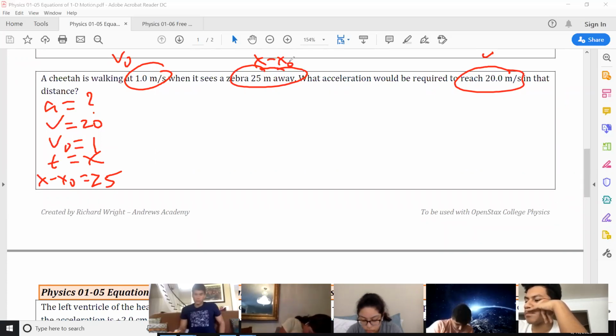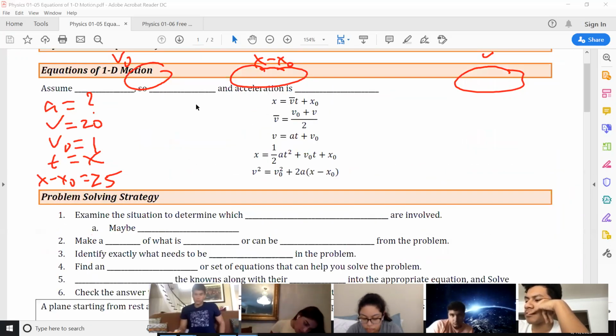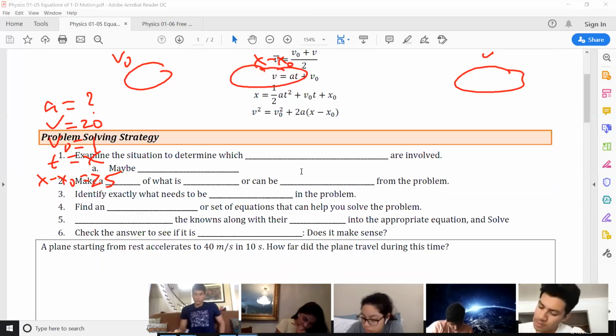Now, let's figure out which formula to use. So we want the one that doesn't involve time. So it looks as though I'm probably going to use that last one there. V squared equals V0 squared plus 2a x minus x0.